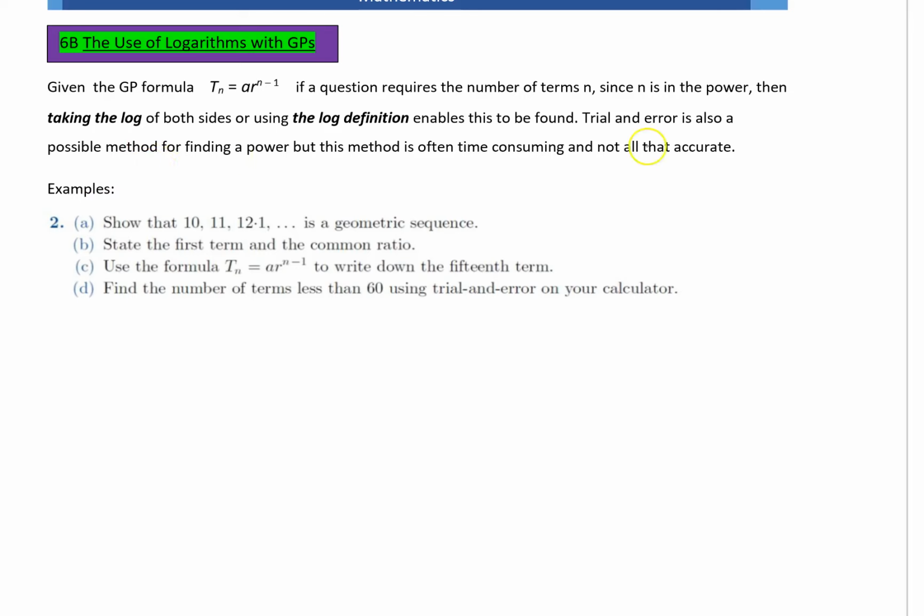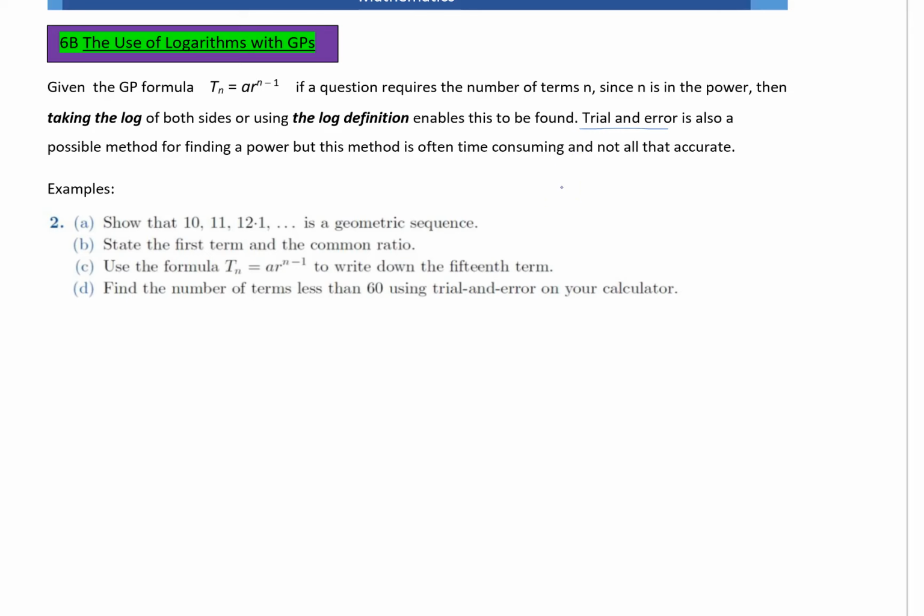The textbook does indicate that you could find a power by using trial and error, which is true, but as it says there, it's very time consuming and it's not that accurate. And if you want me to do an example on trial and error, please make sure you ask.